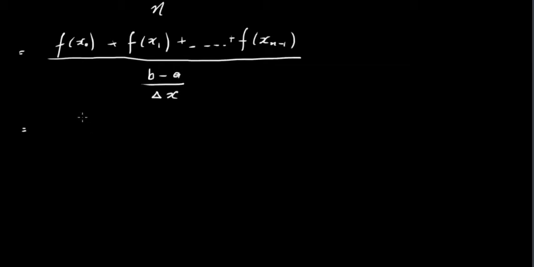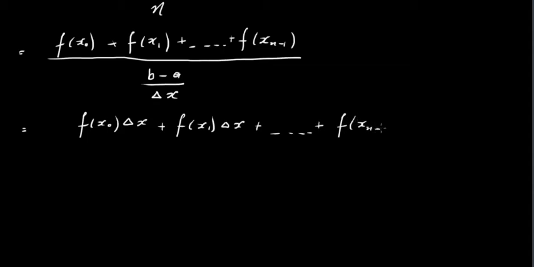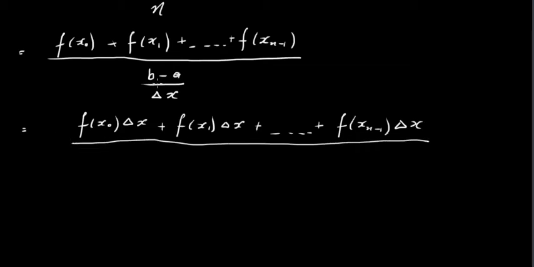So I'll end up with f of x0 times delta x plus f of x1 times delta x, all the way out to f of xn minus 1 times delta x, all over b minus a.